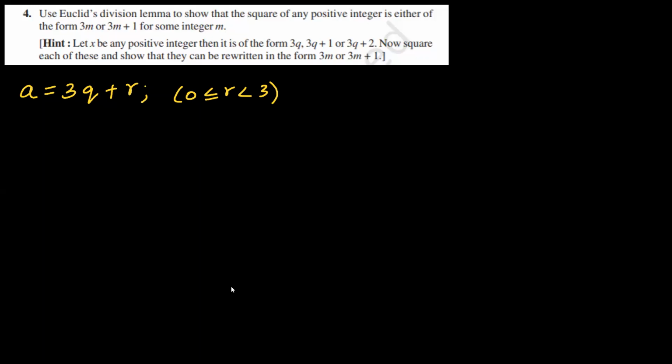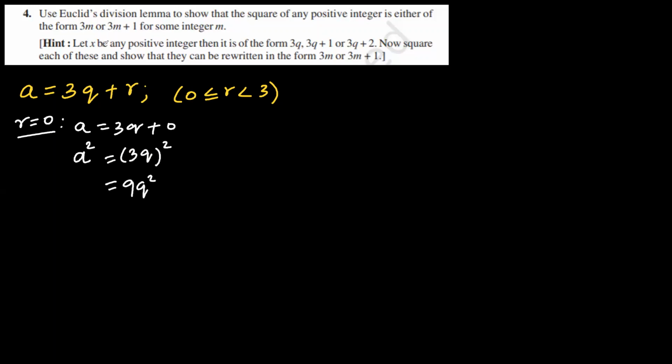Proceeding with the first remainder, r is equal to 0. a is equal to 3q. 3q plus 0 or 3q, both mean the same, isn't it? Now when we square on both sides, as they have given square of any positive integer, a square will be 3q the whole square, that is 9q square.